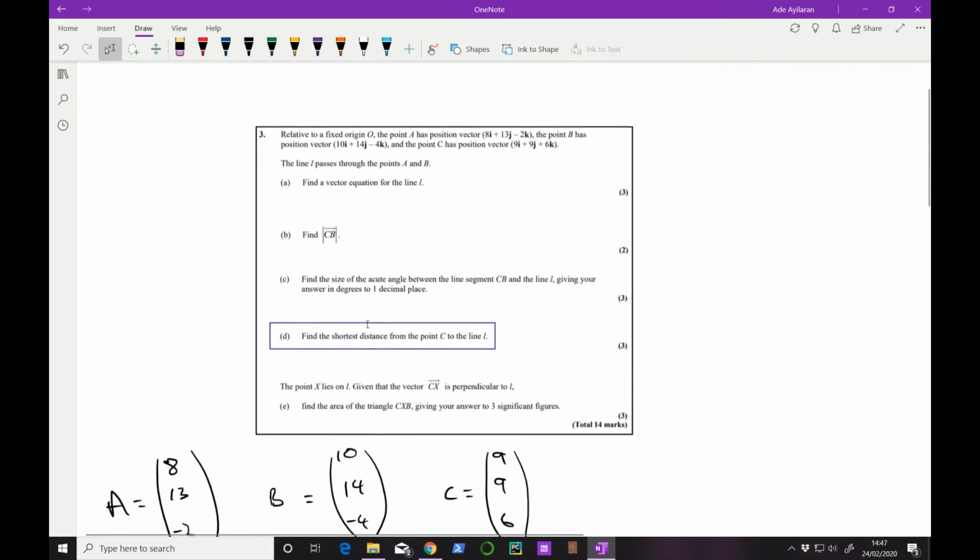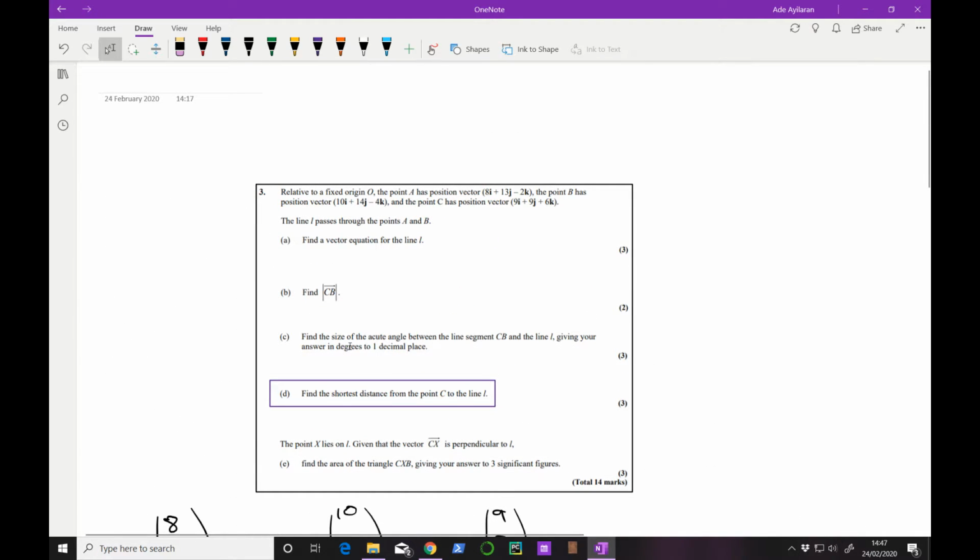Now, part C asks us to find the size of the acute angle between the line segment CB and the line L. Okay? So, by the time you get to a question like this, here is where you should really start drawing out what you're doing.